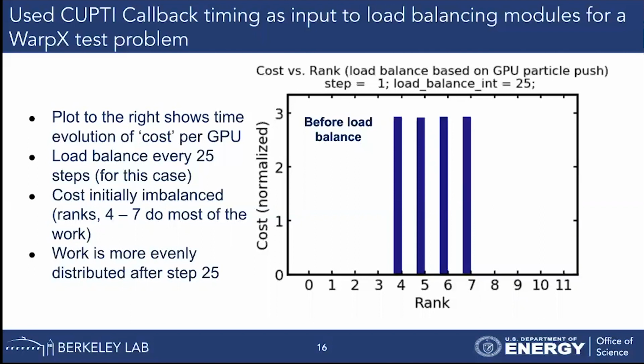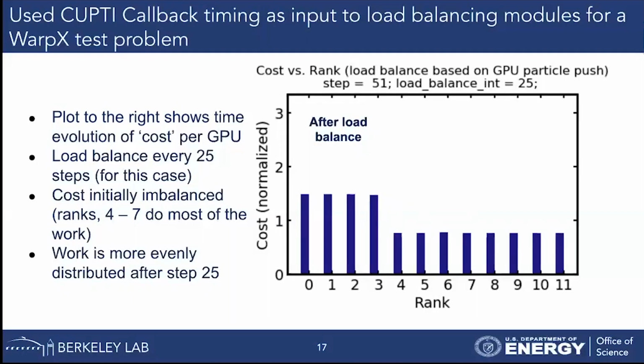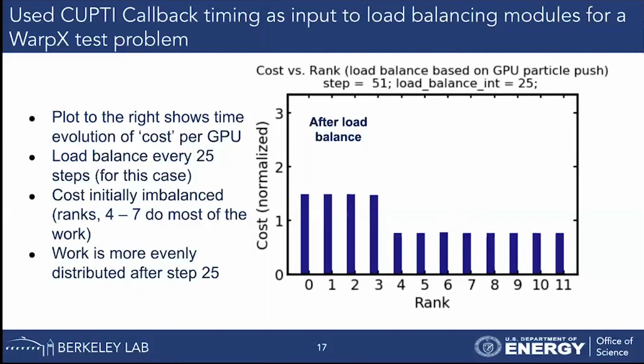And now if we load balance, you can see the work is more evenly distributed. This is not a perfect load balance. Right now, the load balancing isn't taking into account communications and other features apart from kernel execution time. So there's still work to be done, but you can see obviously that there's a large improvement in the way work is distributed over the ranks here.